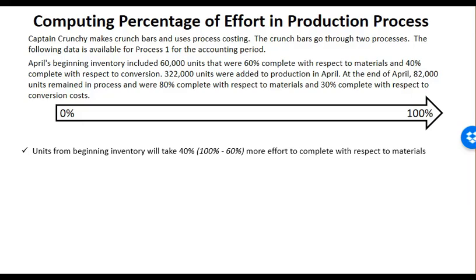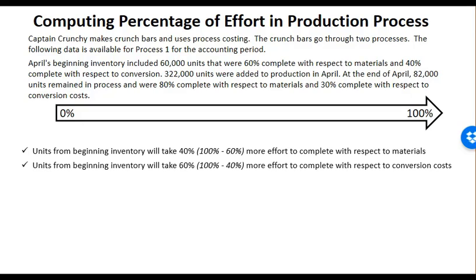Now, also from my units in beginning inventory, I do have to account for the conversion costs. So if I say that I did complete those units from inventory, they will take 60% more effort to complete with respect to conversion costs. That's because I was told in my example that the units in beginning inventory had already had 40% of effort put into them.